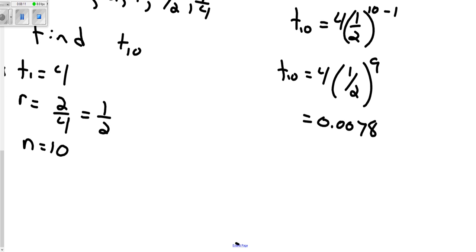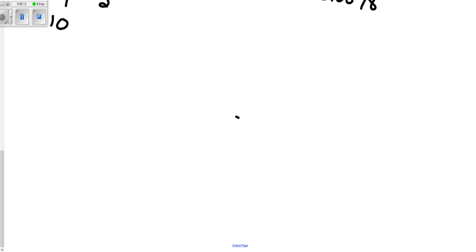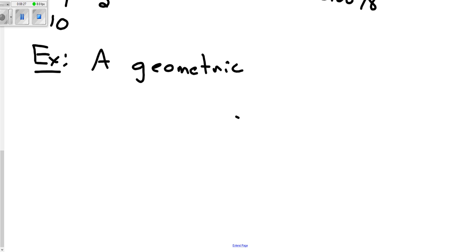This next example is kind of like that other one we did the other day, but not nearly as intense. Geometric sequence.